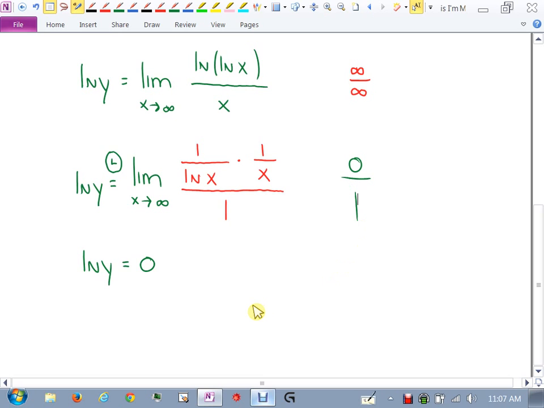And now we want to get it back to y. So how do I undo a natural log? Come in with e. So e to natural log y. Whatever I do to that side, I must do to this side. In other words, I use the exponential operation on both sides of the equation.